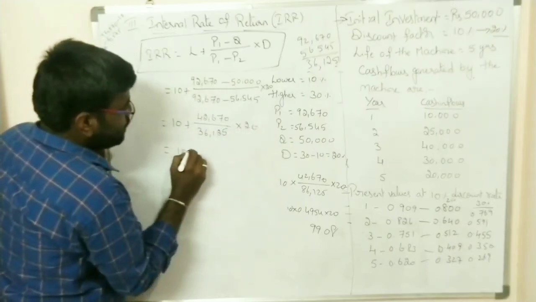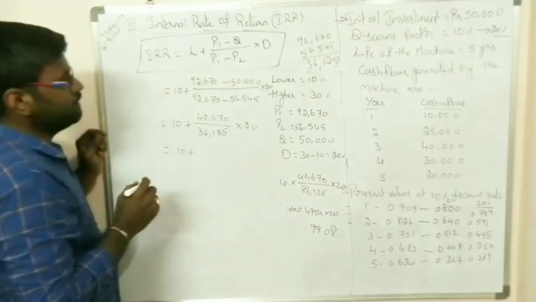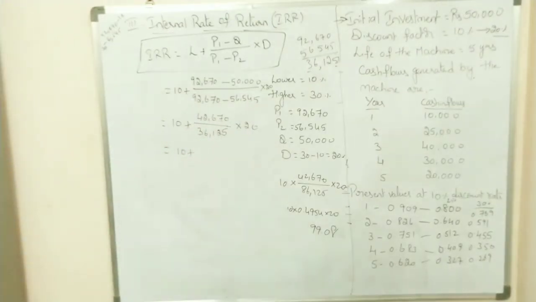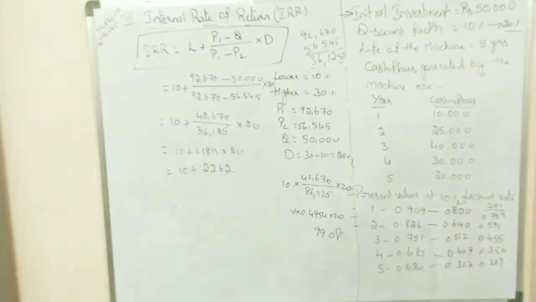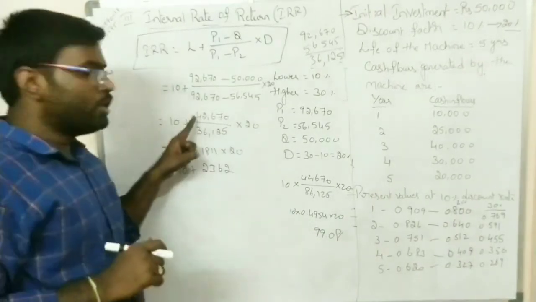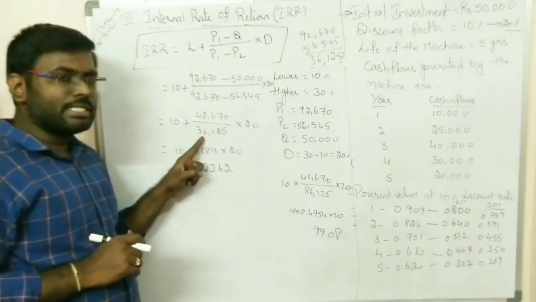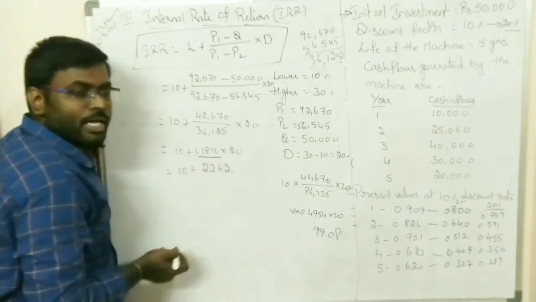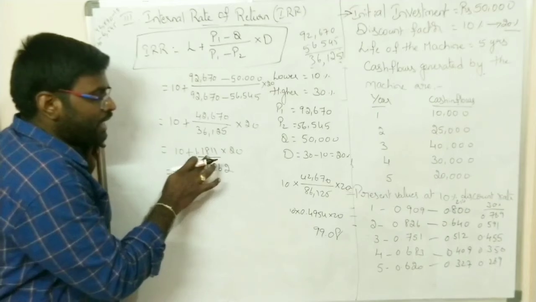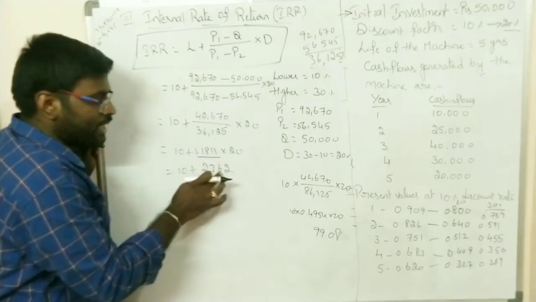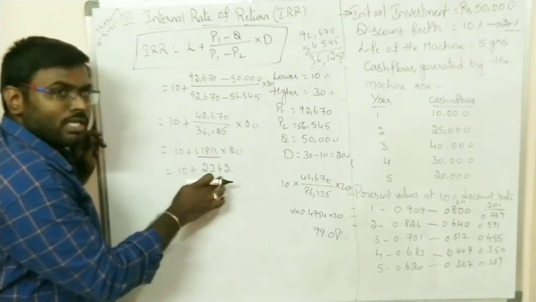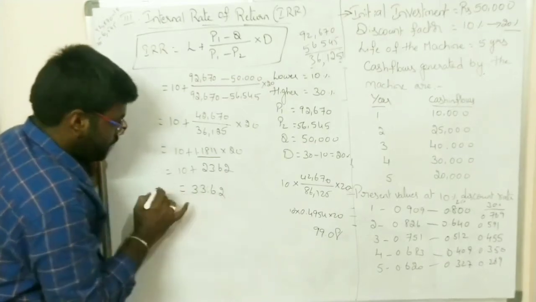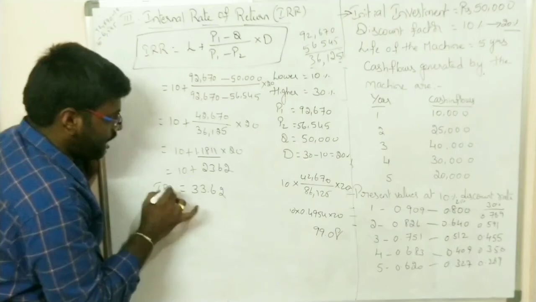So 10 plus 42,670 divided by 36,125. 42,670 divided by 36,125 gives the value of 1.1811. So 1.1811 into 20 is 23.62. So 10 plus 23.62 gives 33.62. So this is the value of IRR.